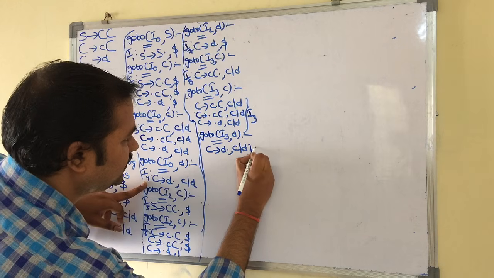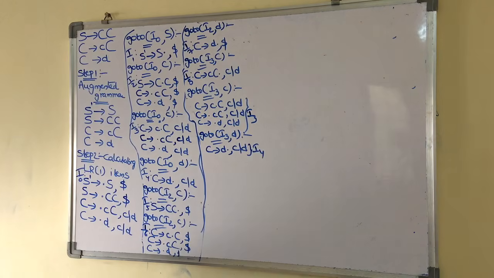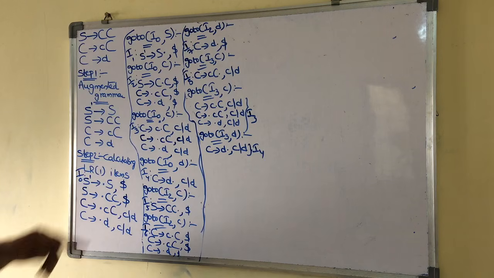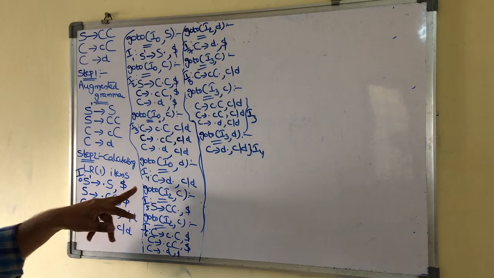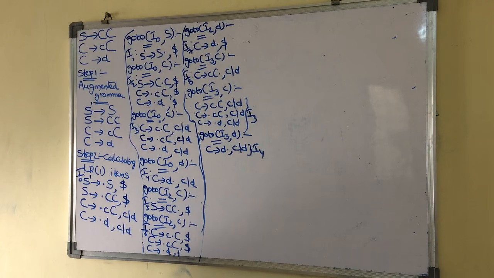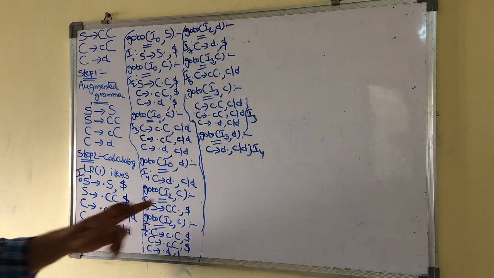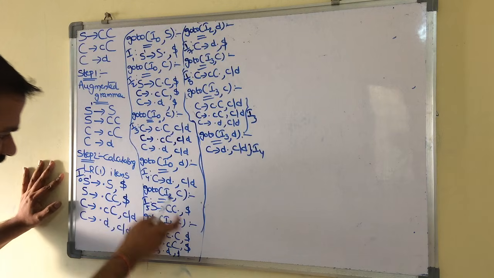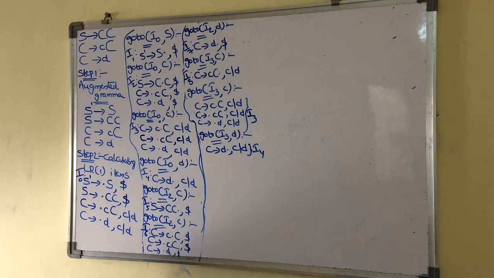So this is nothing but the state number I4. So all the productions of I3 are processed. Next we have to process I4. Here after dot there is no symbol. So no need to calculate goto on this production. Next if we consider I5 also, after dot there is no symbol. So no need to calculate goto on this production.